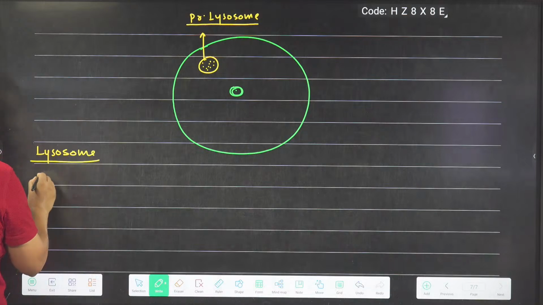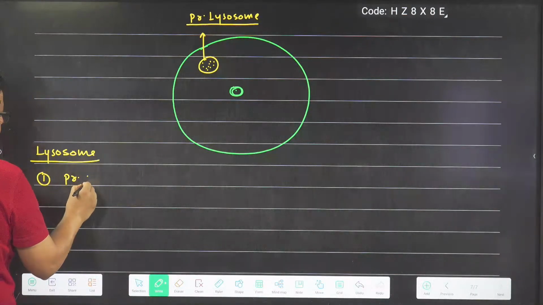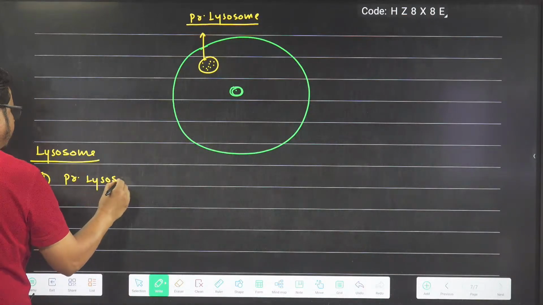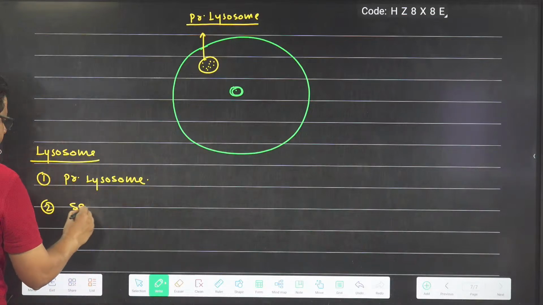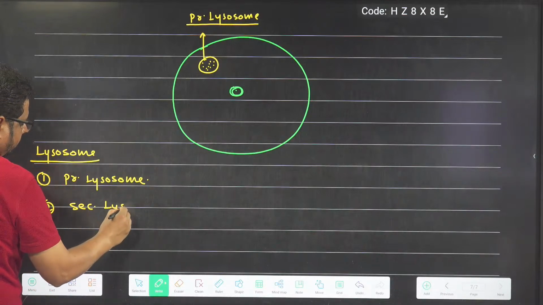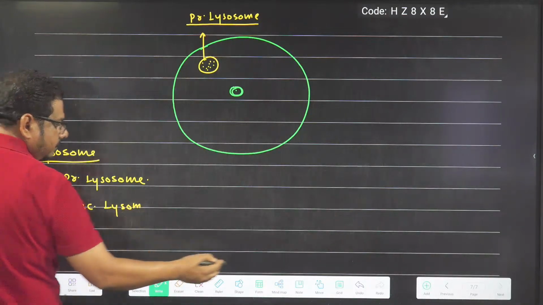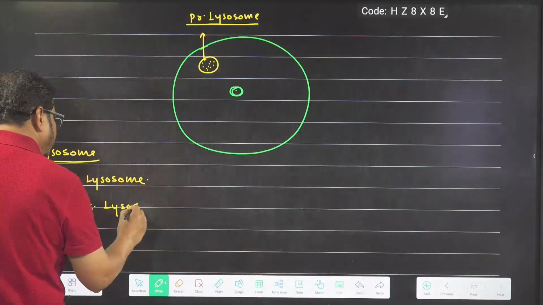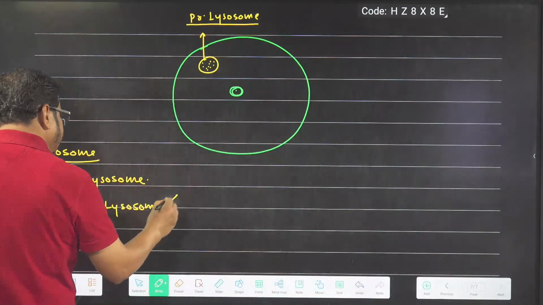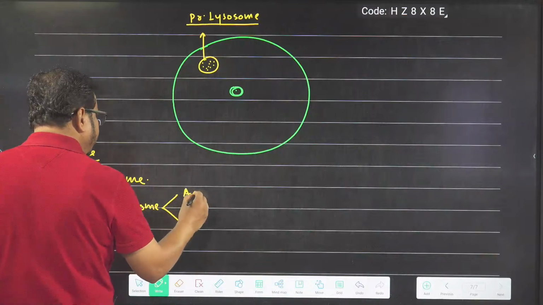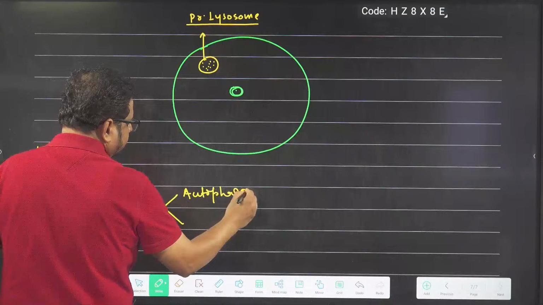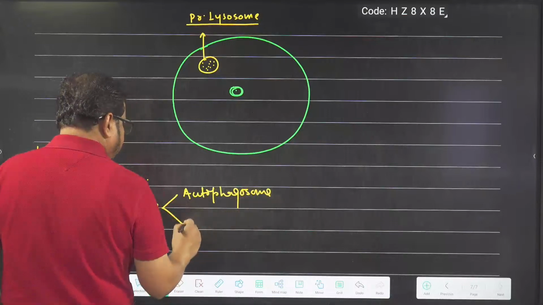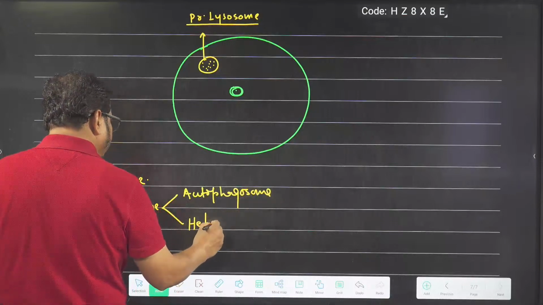Lysosome, I am writing first, primary lysosome. Then I am writing secondary lysosome. Secondary lysosome I am writing is of two types. Autophagosome. Another I am writing, heterophagosome.